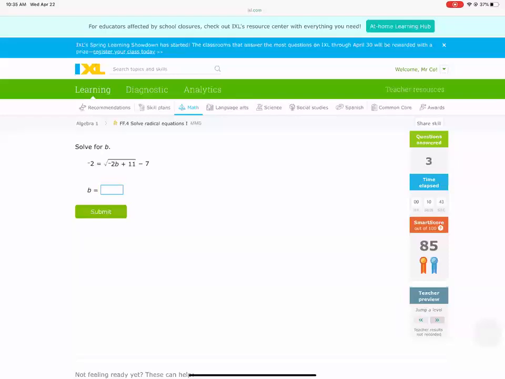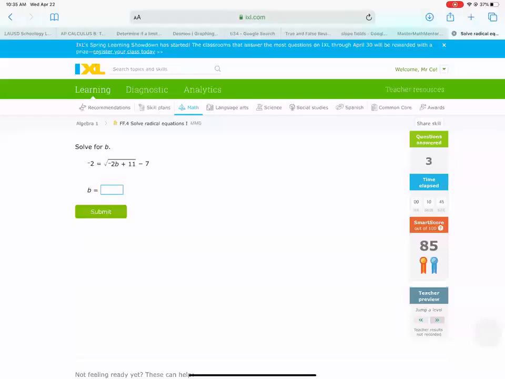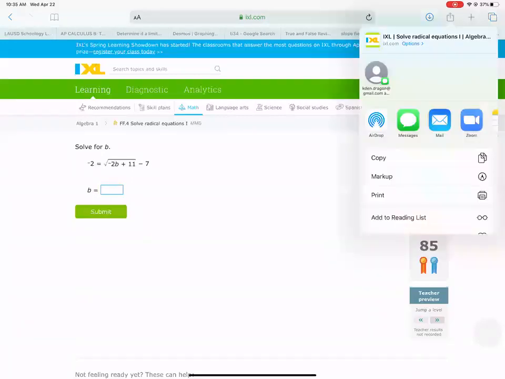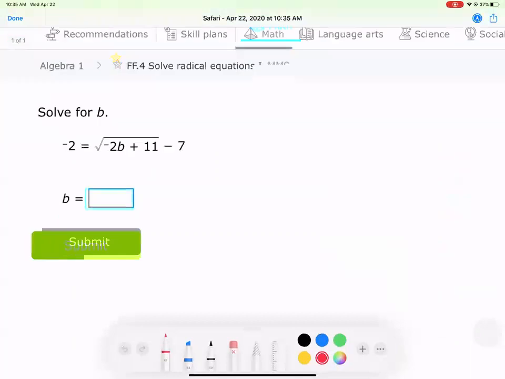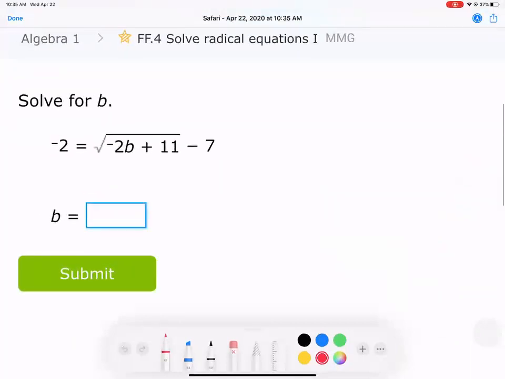I'm going to pause for a moment. On this problem here, you see there's actually like 4 things going on. So let's take our time making a decision, what should we get rid of first, making a game plan. I'm solving for b, and b is kind of trapped in the square root. So let's talk about what's farthest away. I'm going to claim that 7 is my farthest away, so we'll get rid of this first.